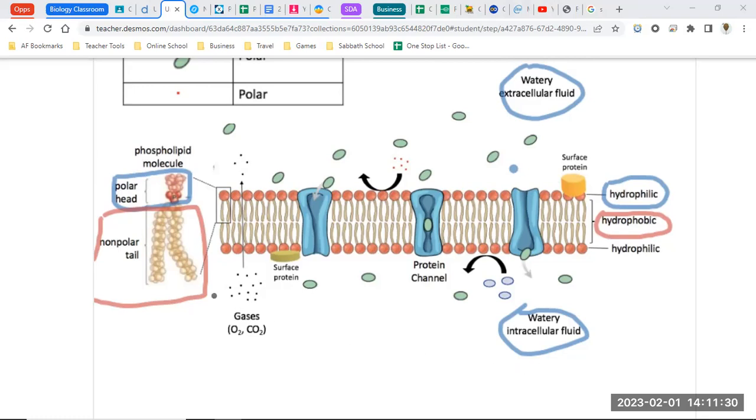Therefore, because these two are opposites, this one is non-polar and this one is polar, therefore it must be hydrophobic. Doesn't want anything to do with something that is not like it. Whereas the hydrophilic head loves the water because they are both polar.